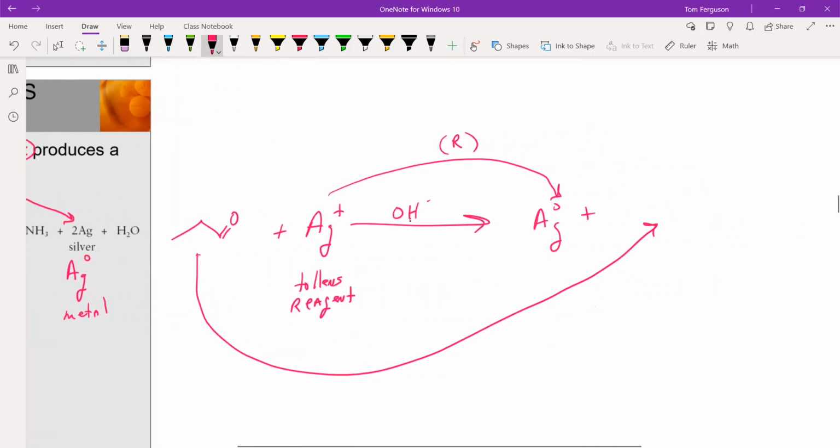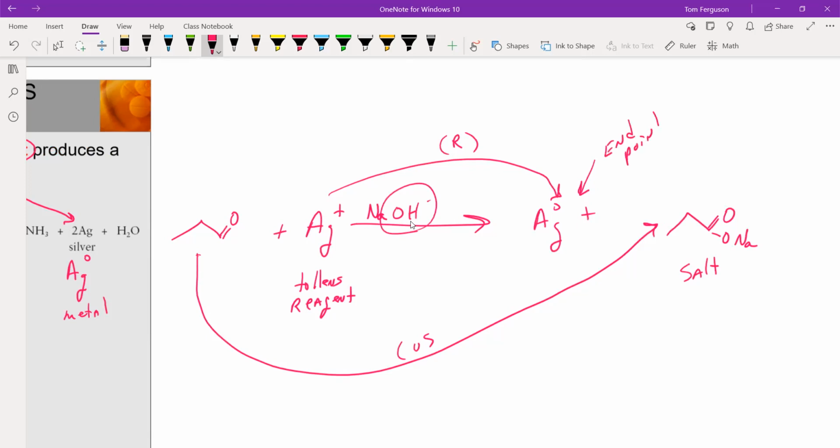It would normally be oxidized to the acid, but because it's in a basic environment, you end up with the salt. So this becomes, say this is sodium hydroxide. So the test: the endpoint of the reaction is if you get a silver mirror, you have an aldehyde.